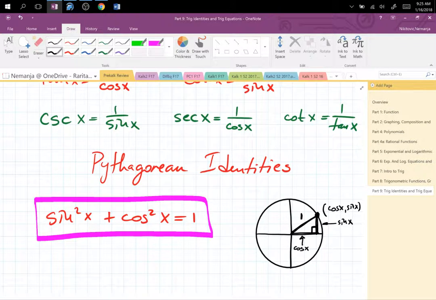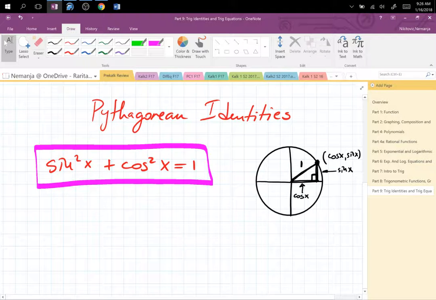Now I promised 9 identities, and this is only 1. Well, the other 3 are actually just manipulations of this one. So there are 2 more that are with sine and cosine, and that is just shoveling terms around. So I guess less important here.